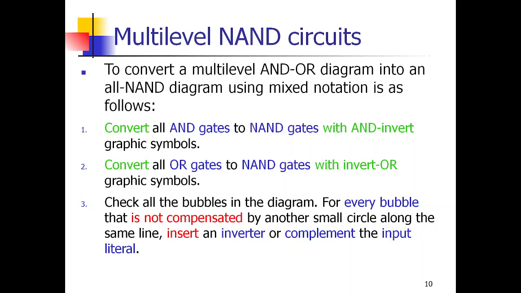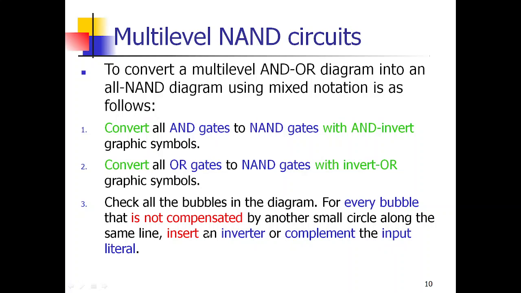If it is not compensated, we have to draw a small circle in the same line, or insert an inverter. Okay, so we can have a small circle, that is we can have an inverter, or otherwise we can complement the input literal.